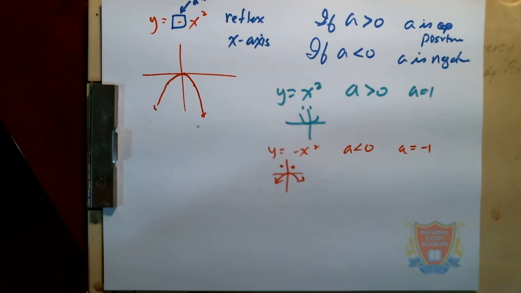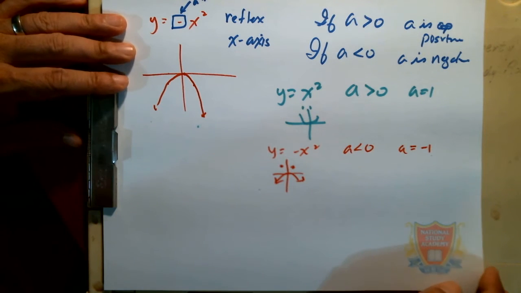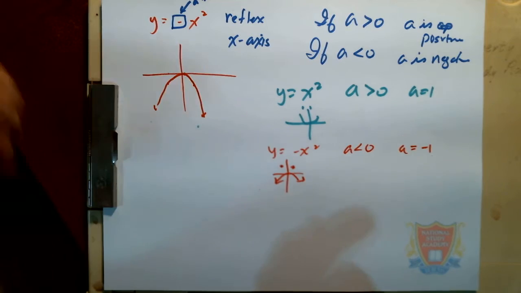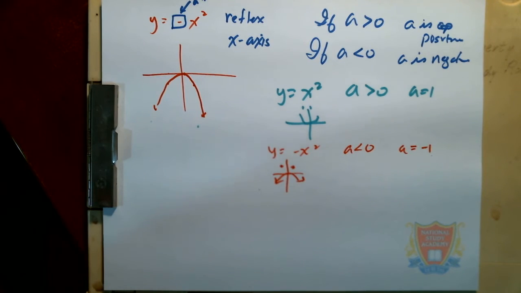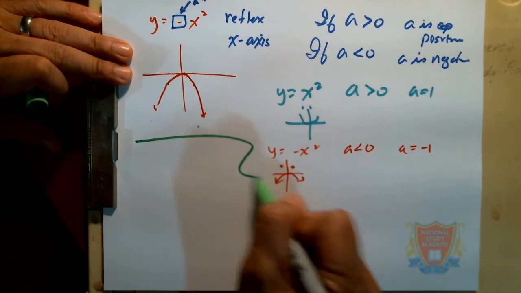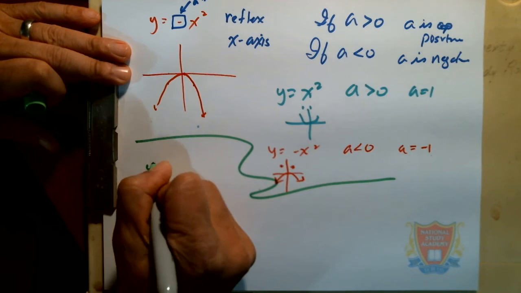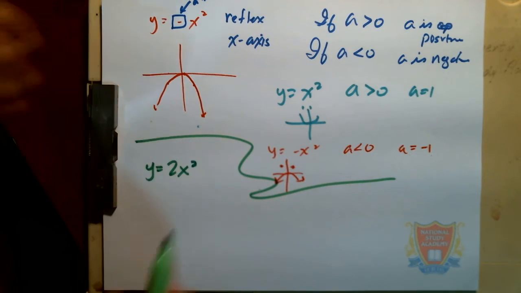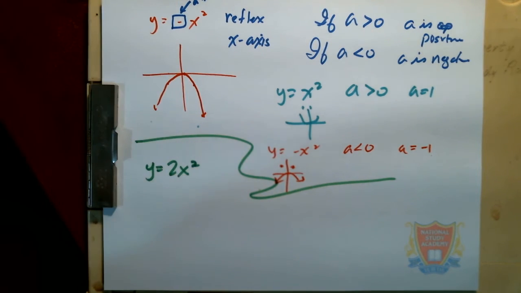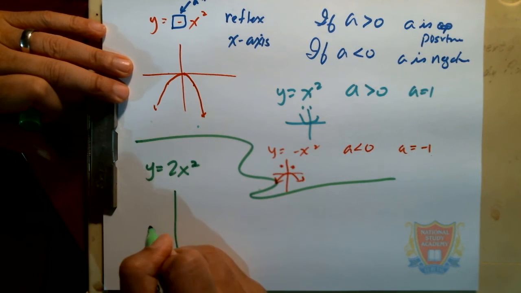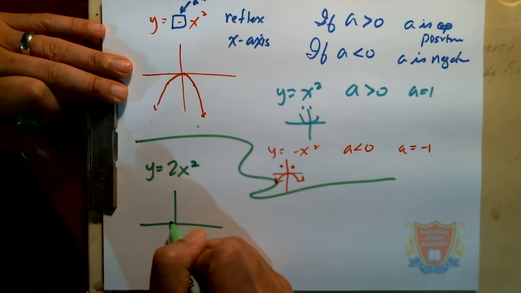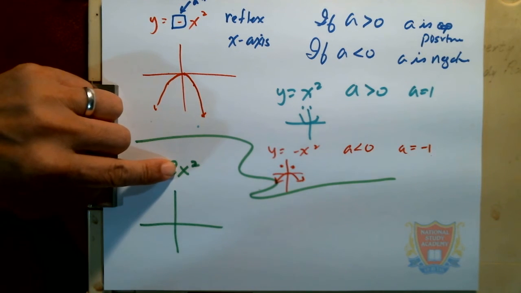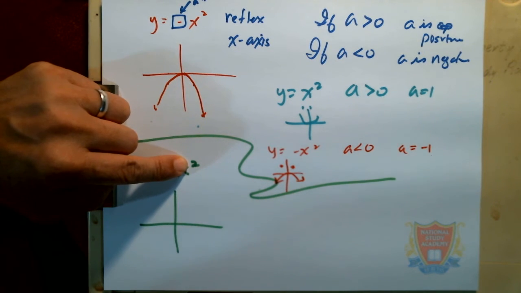Let's try something a little bit different now. What if now we have y equals 2x squared? What does that look like graphically? Well, you can use your TI-84 Plus calculator or thereabouts. At x equals 1, square first.